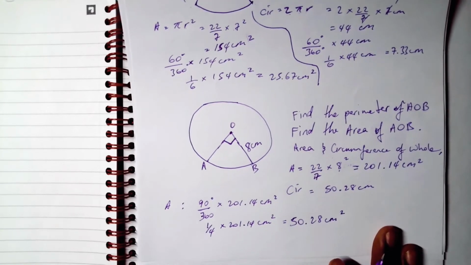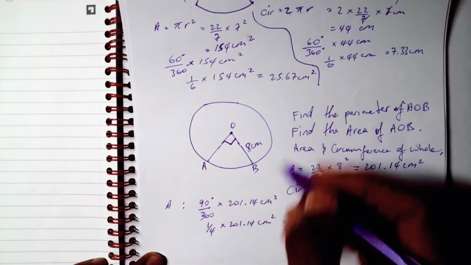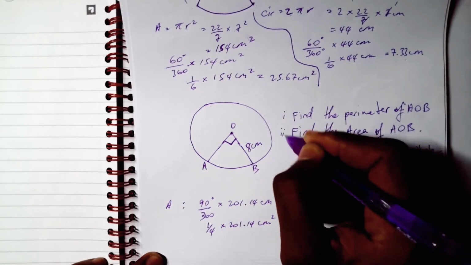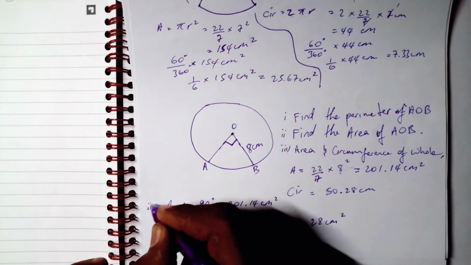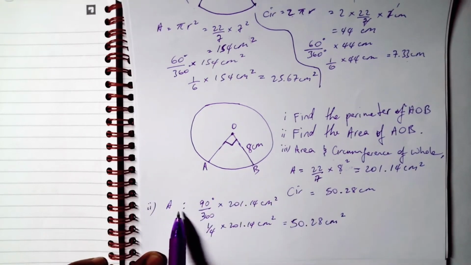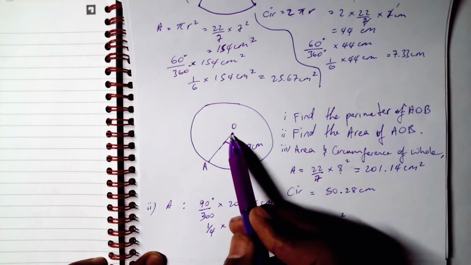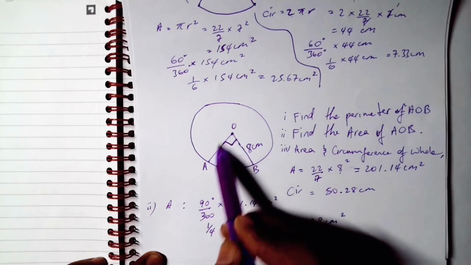Alright, this is the area. This is 1, this is 2, this is 3. So this is 2 right here.